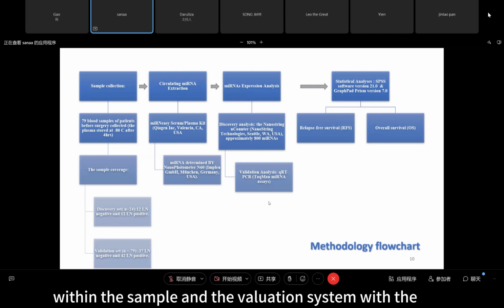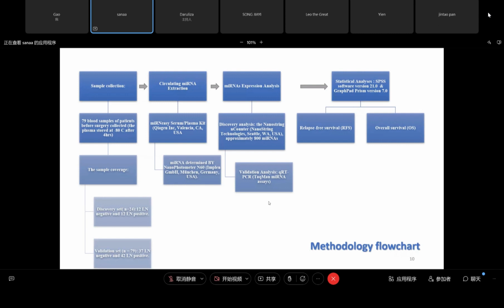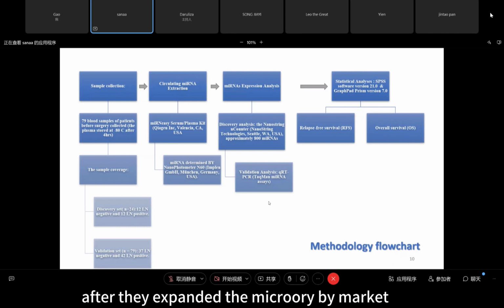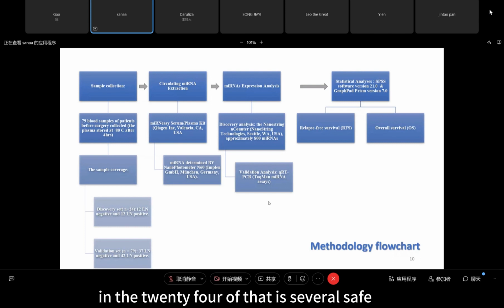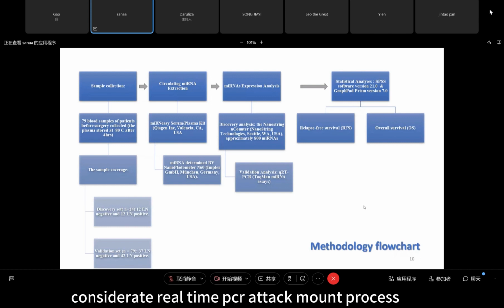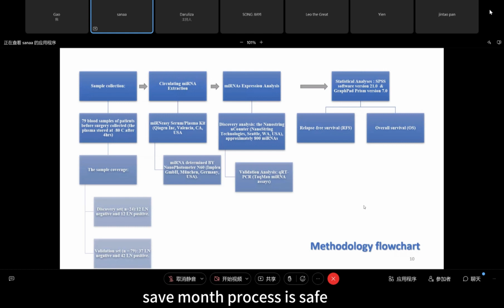And in the validation set, they did the validation step for 79 of the samples after they found the microRNA biomarkers in the 24 samples of the discovery set. The validation was done by quantitative real-time PCR, a 5-month process assay.